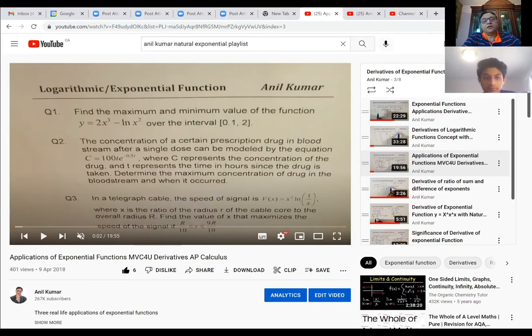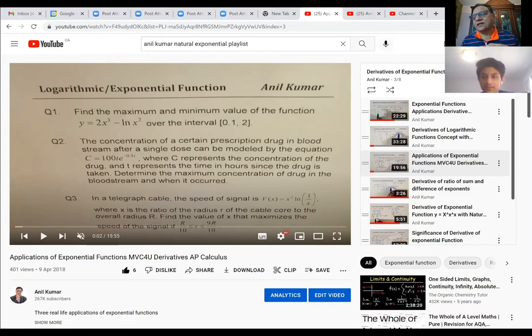How will you do this question, and what type of graph do you expect for this particular function? When we take medication, the concentration is usually supposed to decrease as time passes, so I think it should be somewhat of a decay graph. It is kind of decay, but let's see, 100t e to the power of minus 0.5t.